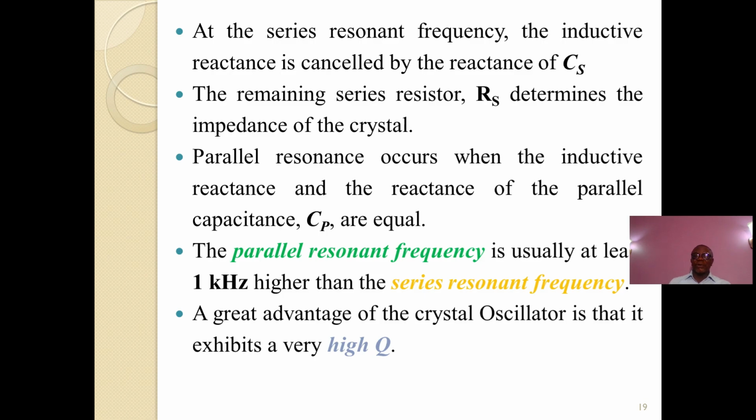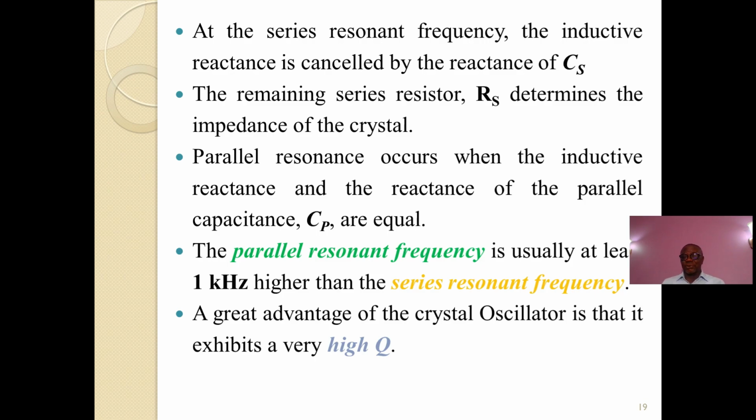The parallel resonant frequency is usually about 1 kilohertz higher than the series resonant frequency. So a great advantage of the crystal oscillator is that it exhibits a very high Q. In resonance, what is important is the Q factor of the circuit.